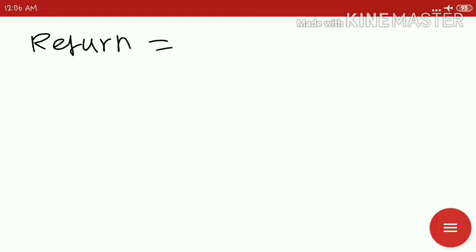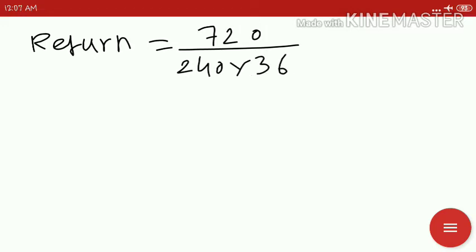I'm going to put the data directly here, but you have to write down the formula first and then put the values accordingly. First the dividend, that was already mentioned in the question, 720, and if you like you can put the investment as number of shares into market value, so that it will be easy for you to calculate or cancel out the whole thing. And then if you cancel out, you will find that it is 8 whole 1 by 3%.